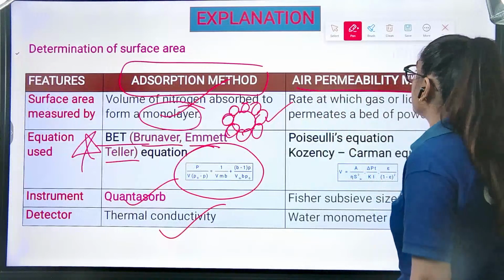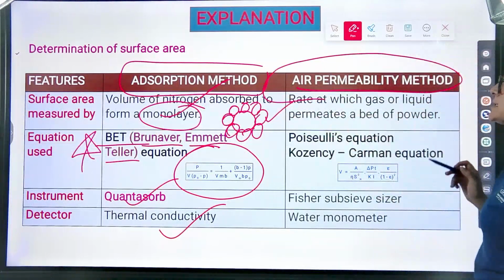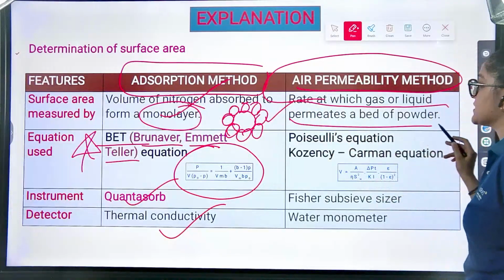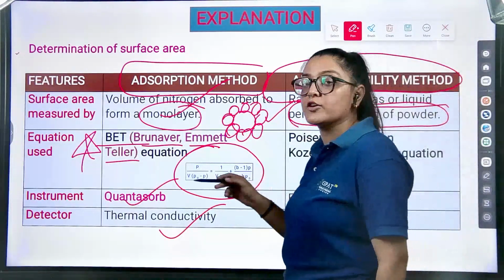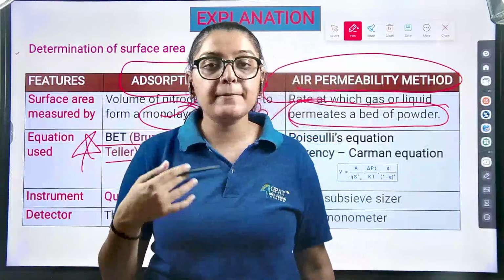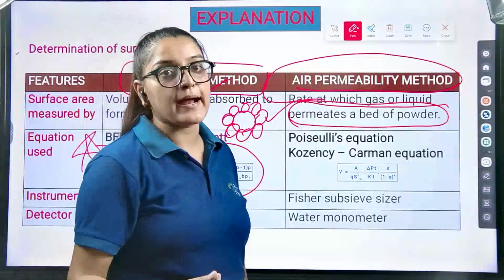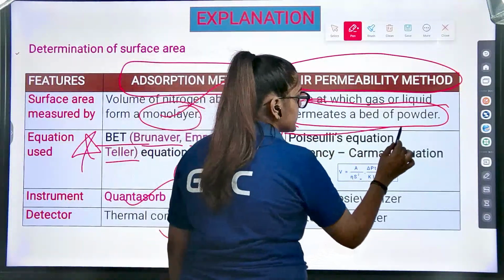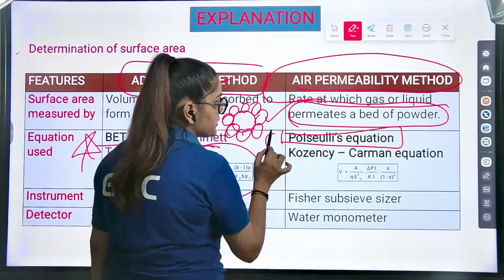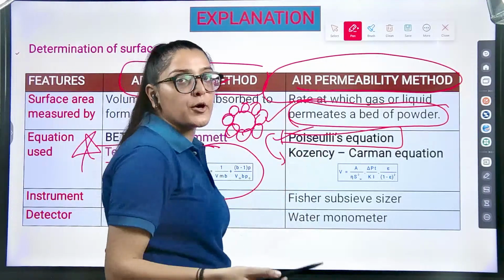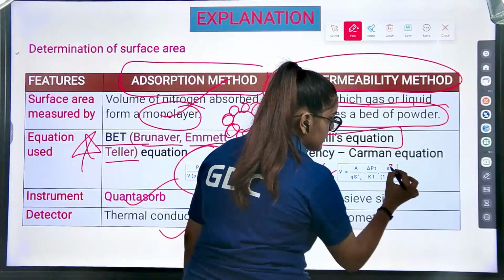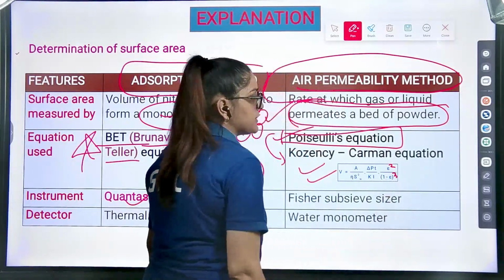Then we had the air permeability method. This air permeability method is based on the rate at which gas or air is going to permeate through the heap or the bed of the powder, which is packed in the capillaries. Okay, this is done using the GGSw equation. It is the modified version of the GG equation only. You can see here there is, I think, a little mistake in the expression.